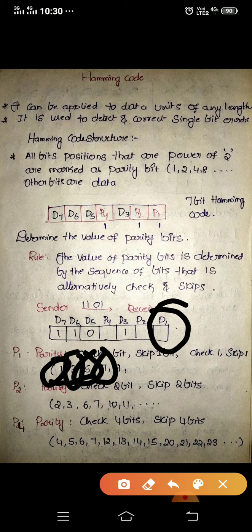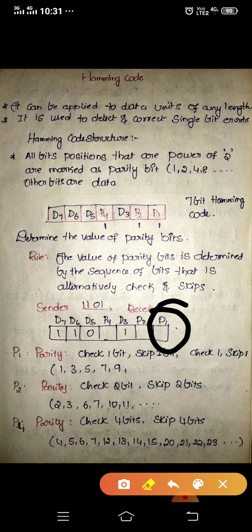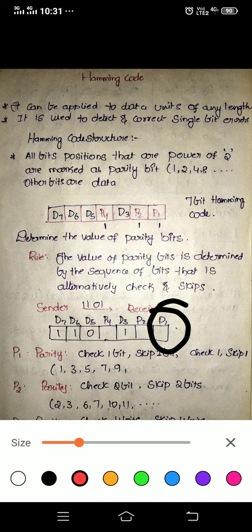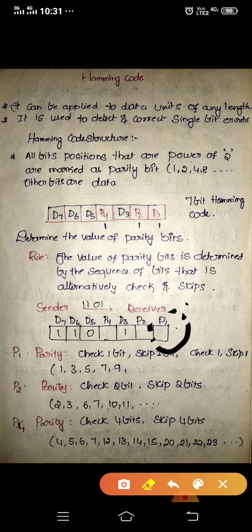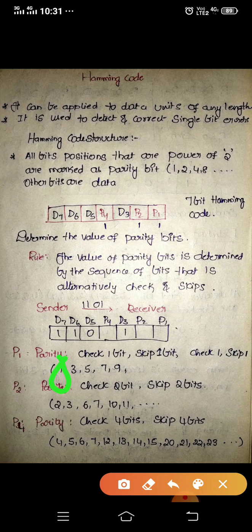So the P1 bit is associated with D3, D5, D7.